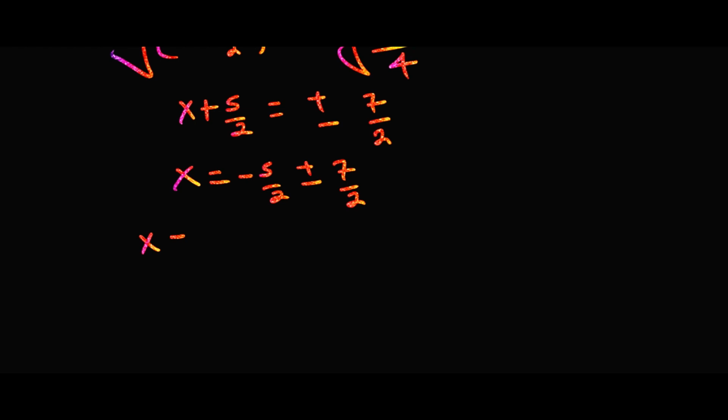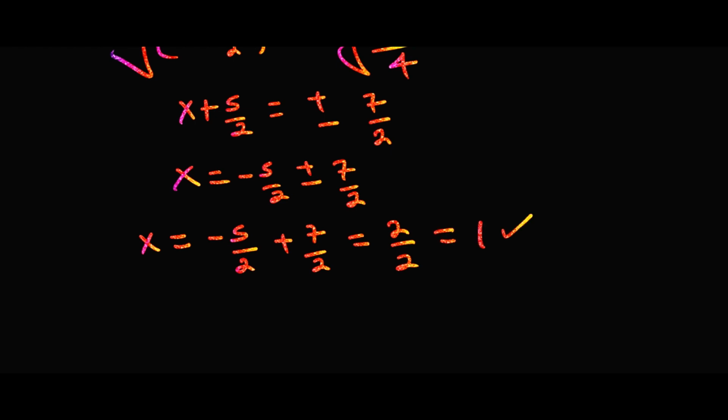So the first value of x would be when we take the positive value, that is minus 5 over 2 plus 7 over 2. Since the denominators are the same, we just use the numerator. So we have 7 minus 5, which is 2, and that is over 2, so the value of x is 1.